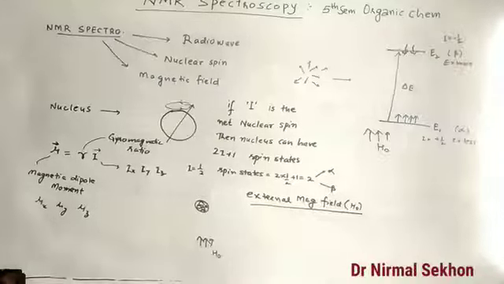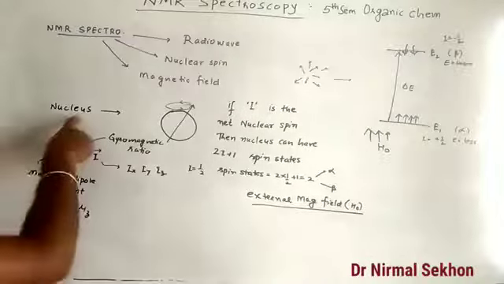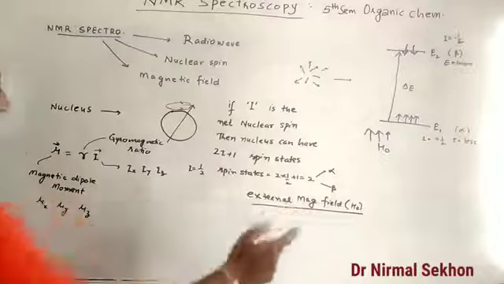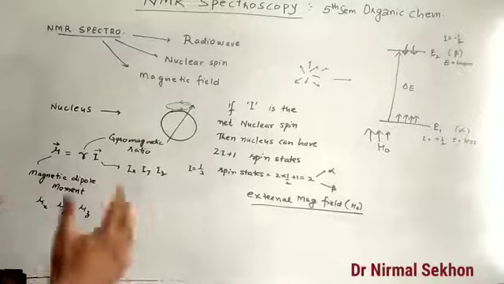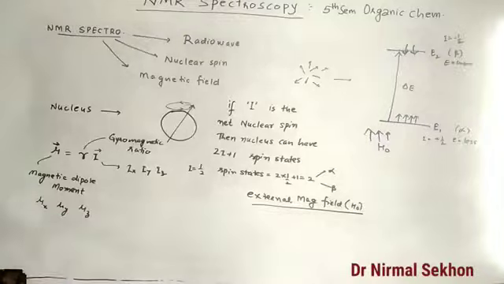What will be the energy of this interaction? The nucleus at the center of the atom has a proton, and the proton has its own magnetic moment. That magnetic moment interacts with the external magnetic field, whether we apply it along the x-axis, y-axis or z-axis.